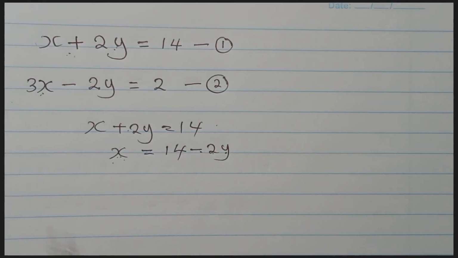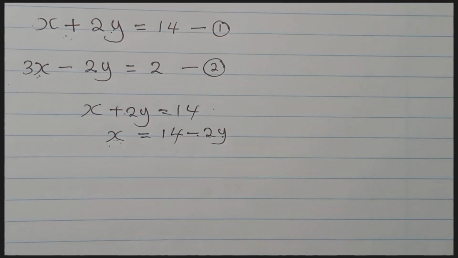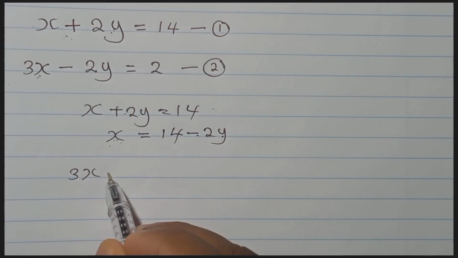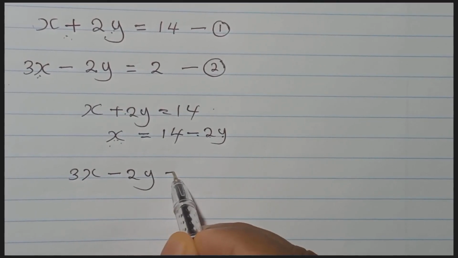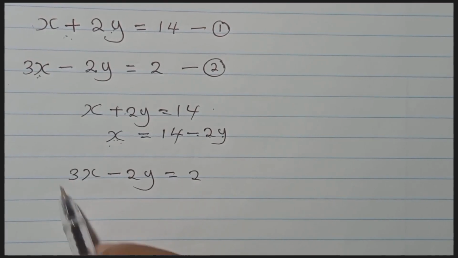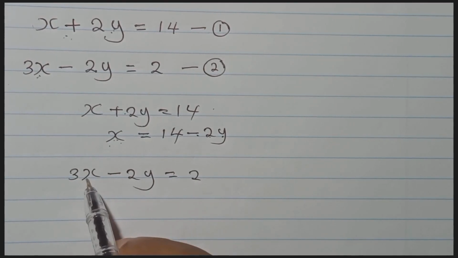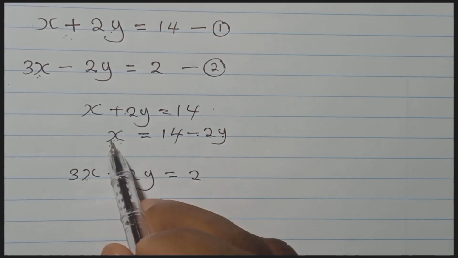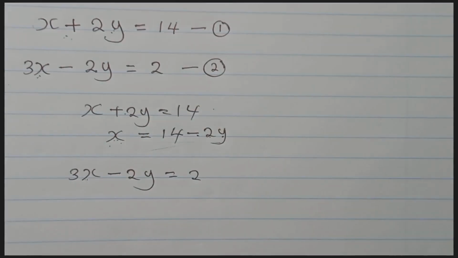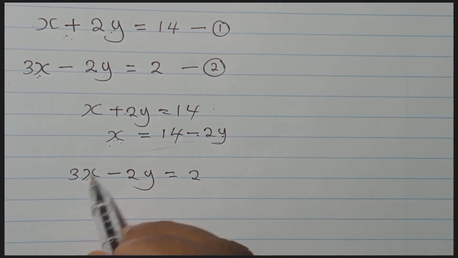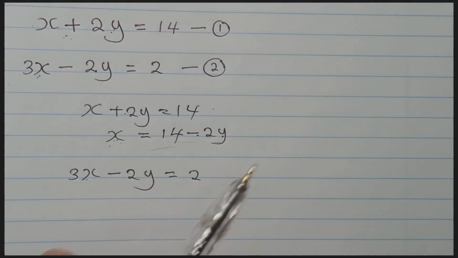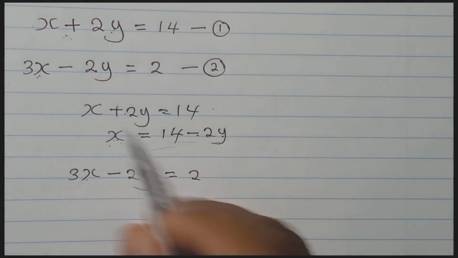Keep in mind very carefully, otherwise you will be confused. Here is equation 2, 3x minus 2y equals something. For this x you need to substitute this answer. Very important, don't substitute this into equation 1 again, then you will not get the answer. You need to substitute into equation 2 because this one I made with equation 1. We got the x value using equation 1.